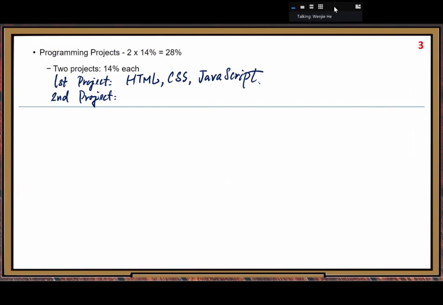We know web programming is a big course. So for my second project, I also modify it to make it much easier for our beginner students to handle the second web programming project.